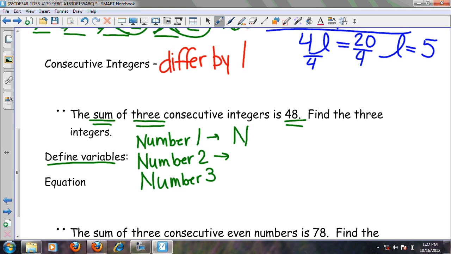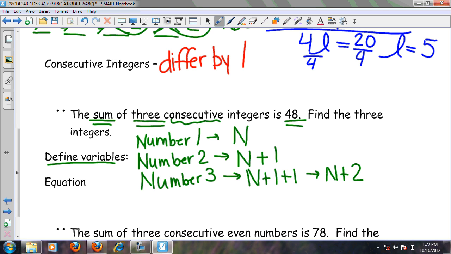We know that number 2 is consecutive, which means if I have n, the next number is n plus 1. And the third number is 1 more than the second number, so it's n plus 1 plus 1. Can I simplify that? n plus 2. So if I'm looking for the sum, what am I going to do with all 3 of these numbers? Add them together.